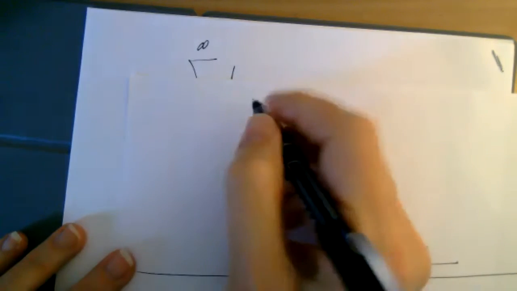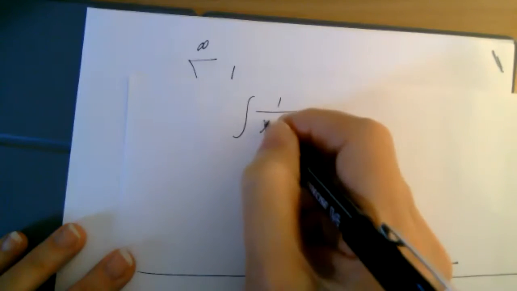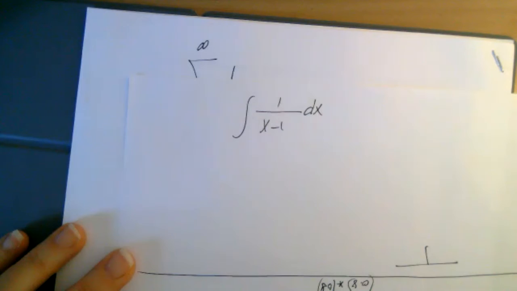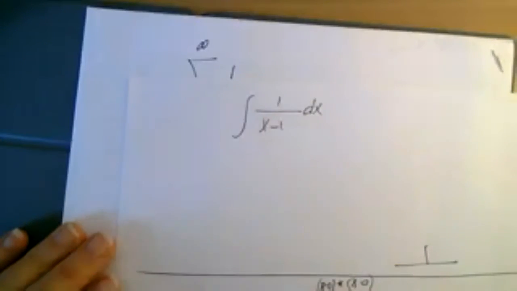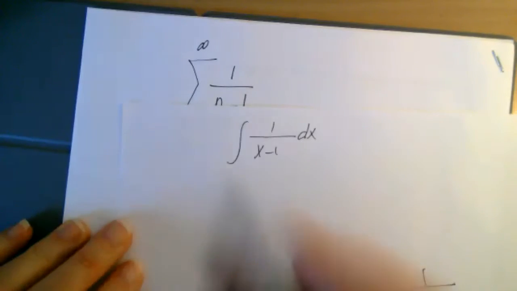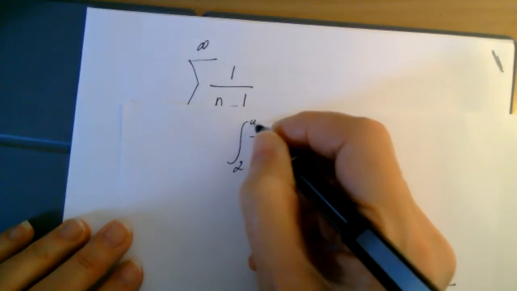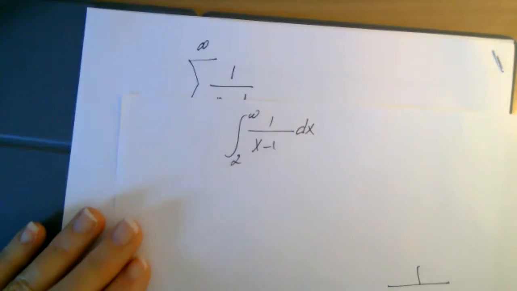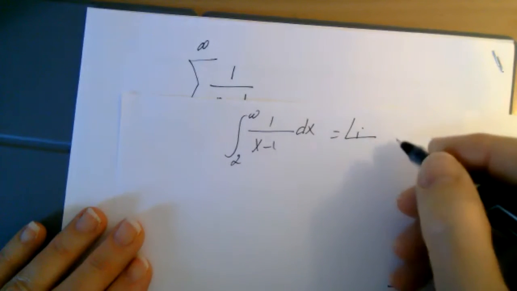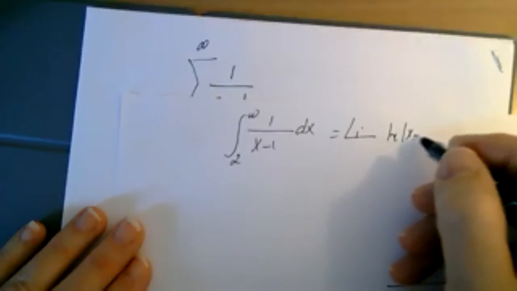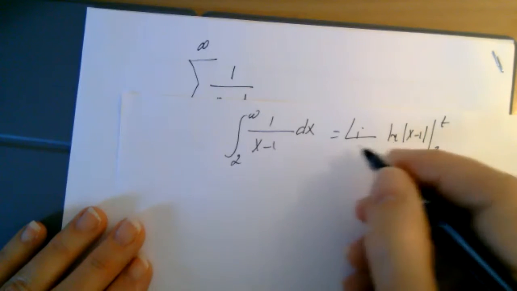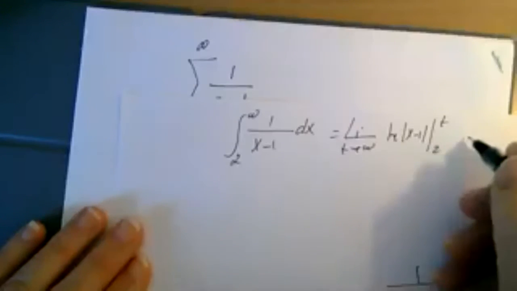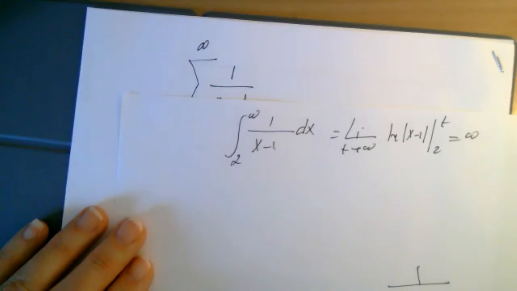All right, so the first way is we look at the integral of 1 over x minus 1 dx. Now, because n starts from 2, my integral will have to go from 2 to infinity. This is going to give me the limit of ln of x minus 1 between 2 and t as t goes to infinity, and this will be equal to infinity.